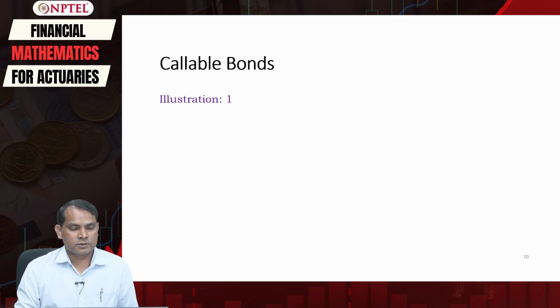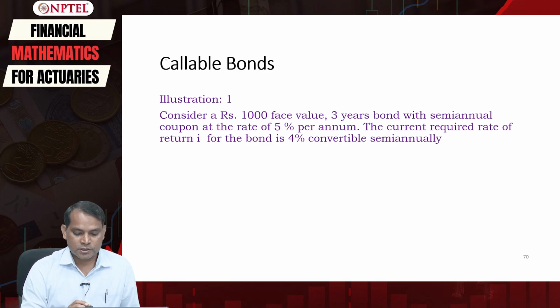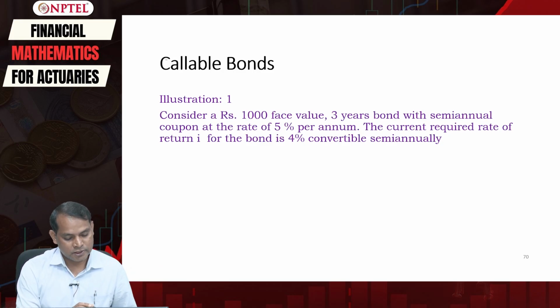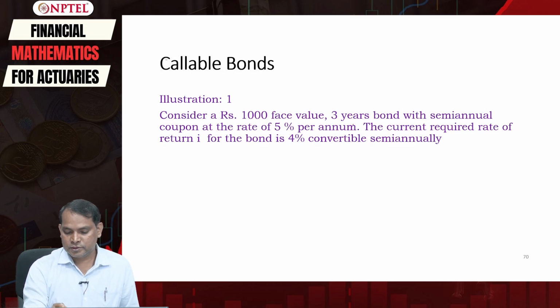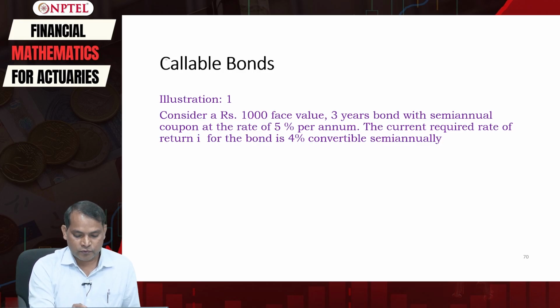Now let us take one example to understand the pricing of such a callable bond. Consider the same example that we have already taken earlier. Consider a 1000 rupees face value bond maturing within 3 years, and the coupon rate is 5% per annum, compounded semi-annually.